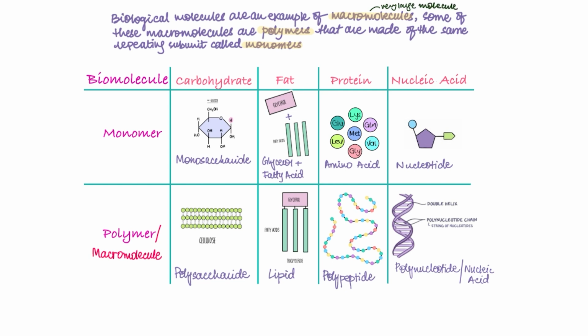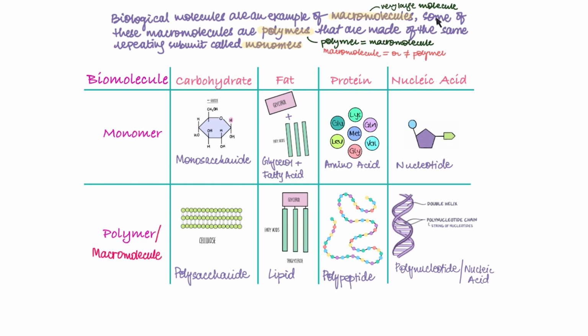And so, be it nucleic acids, proteins, carbohydrates or lipids, all are examples of macromolecules because all of these are extremely large molecules. And here's the confusing bit. Every polymer is a macromolecule, but not every macromolecule is a polymer.